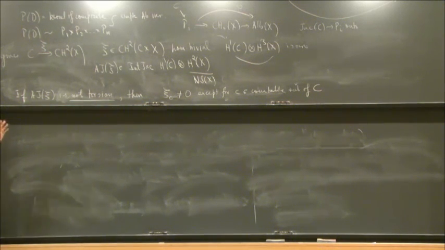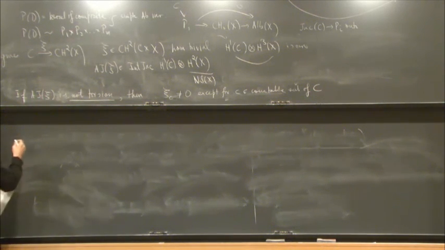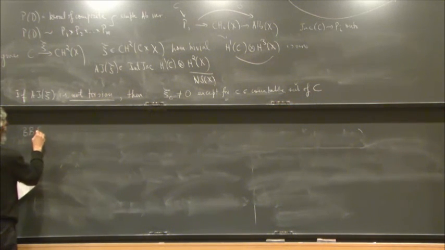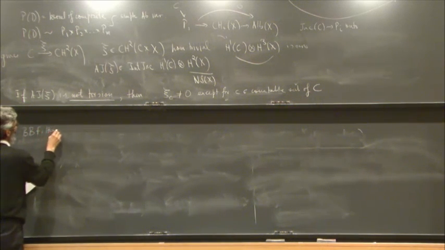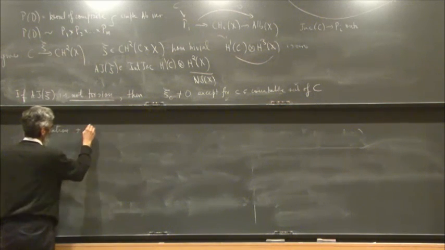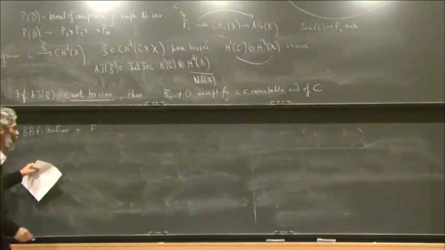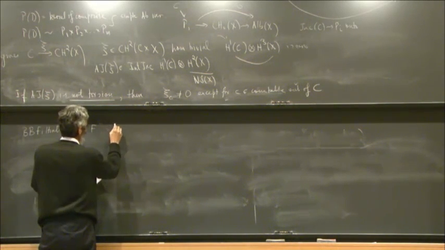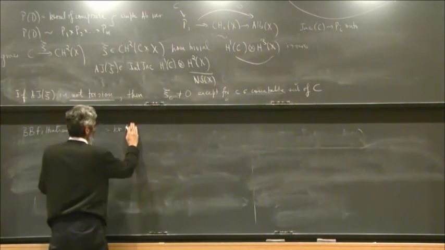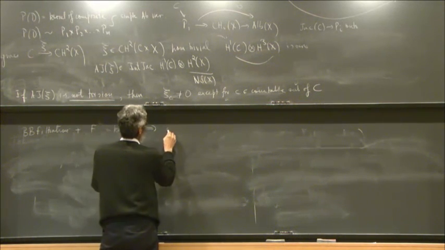I mean, since I'm running out of time, I will skip that. So, Bloch-Beilinson filtration plus F2 is what we think it is, the kernel of the intermediate Jacobian, kernel of AJ, implies that the converse is true.